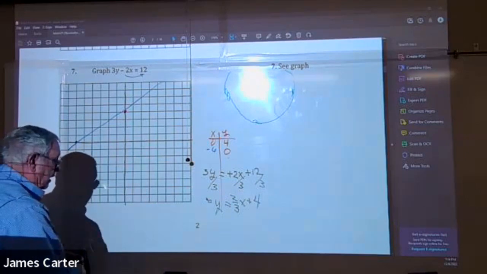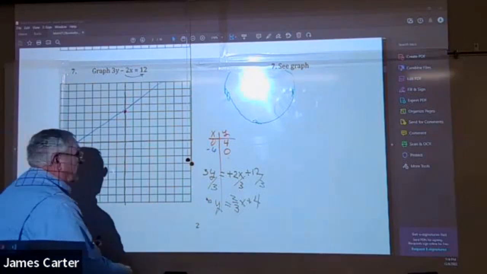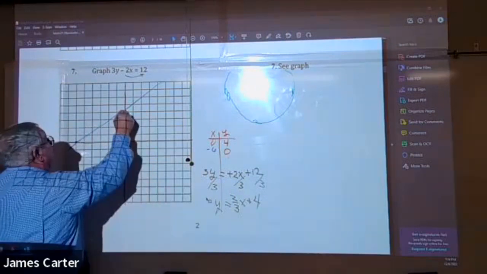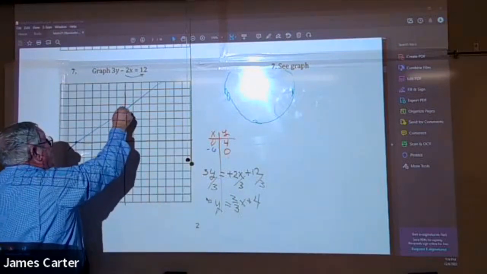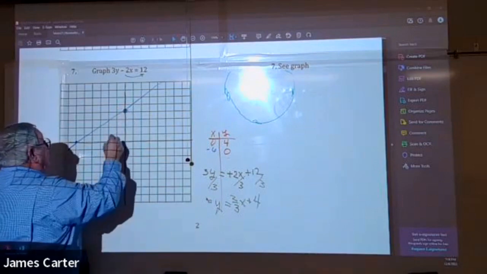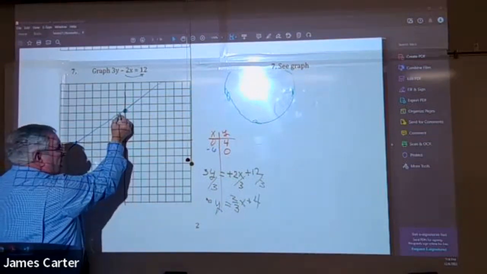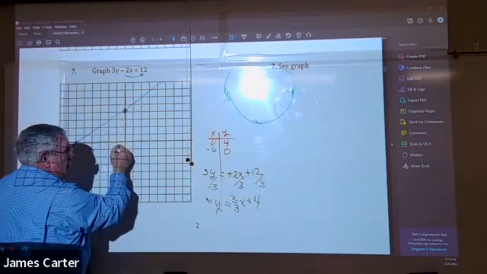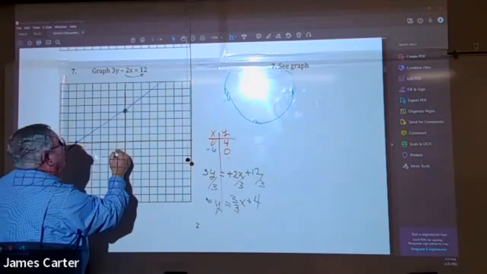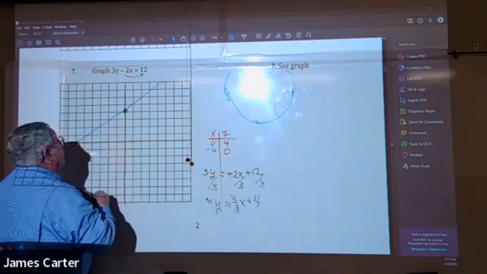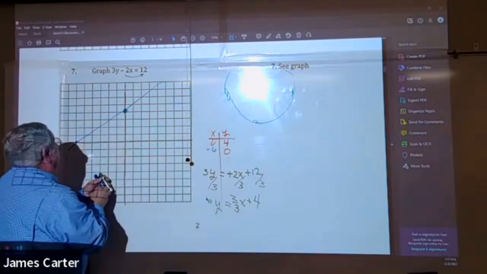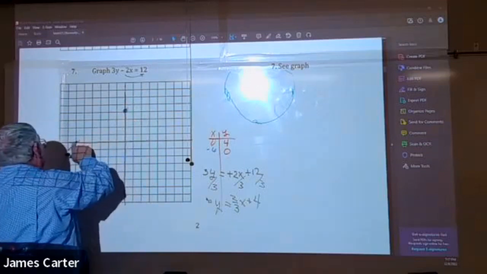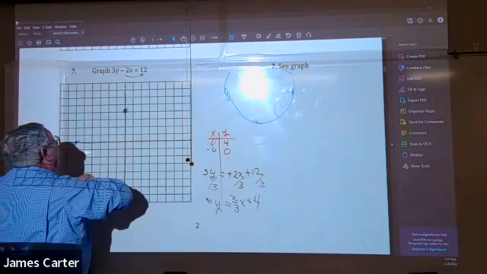Well, in that case, 4 is my starting point again, my y-intercept. And I go up 2 and over 3. If I drew this line correctly the first time, to make this work, I've got to draw the line right.